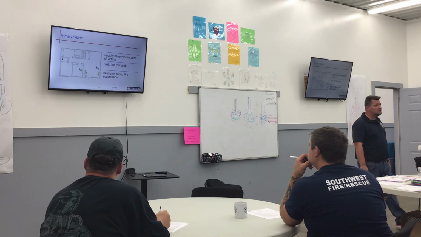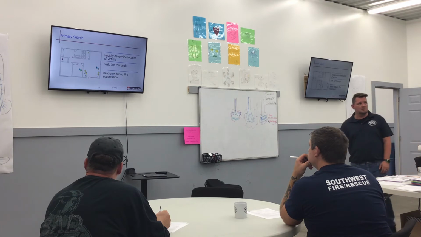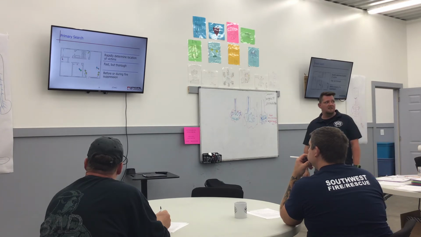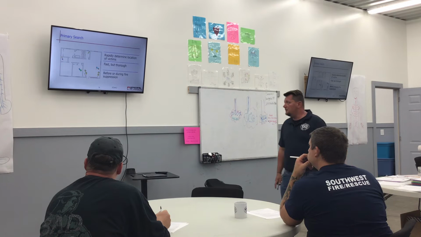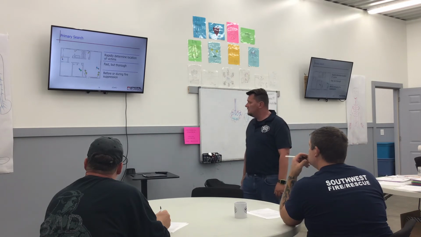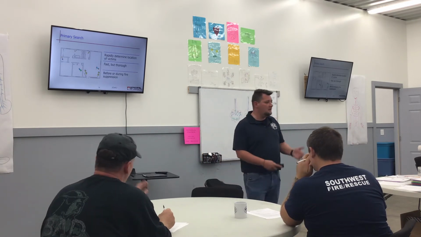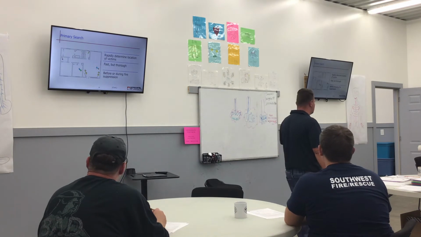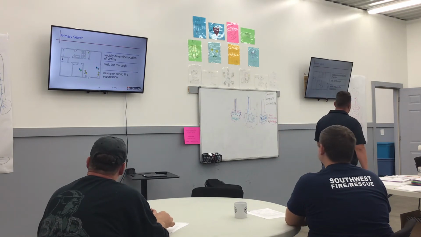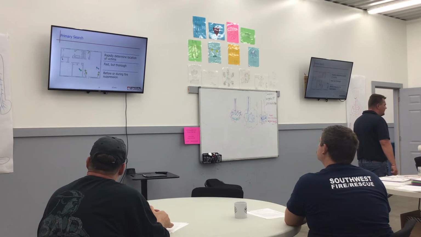So primary search is to rapidly determine the location of victims. It is fast but thorough, and it's done before or during fire suppression. So we may be doing it at the same time as that attack team is going in, and we're just going to do a quick down and dirty search of the building.